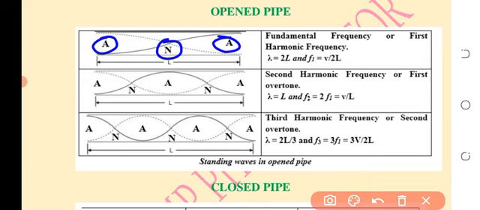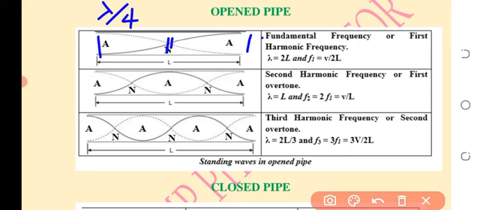This is opposite of what is happening in the string, but at the end of the day, we are going to have the same harmonic series, because as you can see, from this point to this point is equal to a quarter of a wavelength, and from this point to this point is also equal to a quarter of a wavelength. So you are going to have the length of the pipe here equal to half of a wavelength, because quarter plus quarter will give us half.